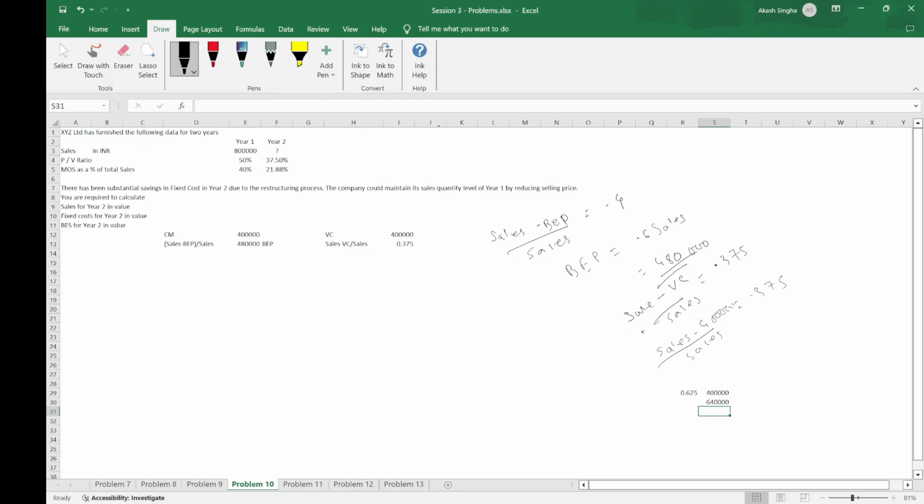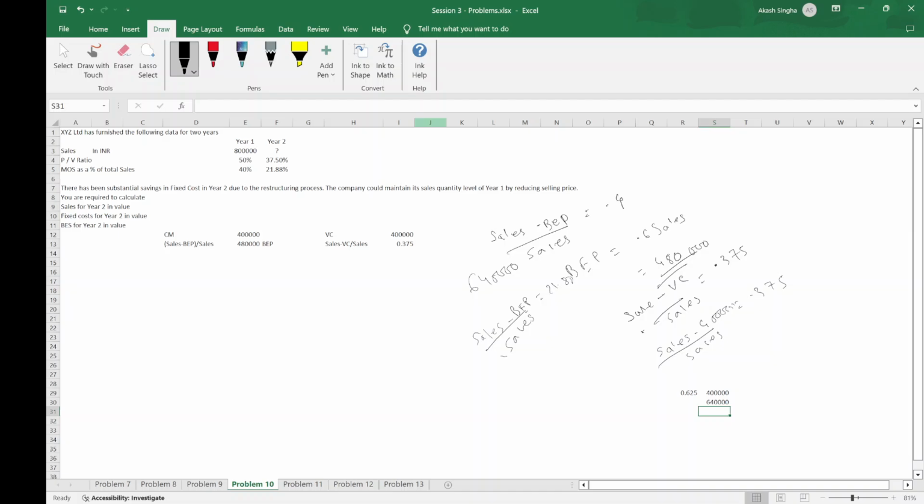Okay, so 6 lakh 40,000 is our new sales. And the margin of safety here, as a percent of sales, is 21.88. So sales minus BEP by sales equals 21.88. We know sales as 640000.